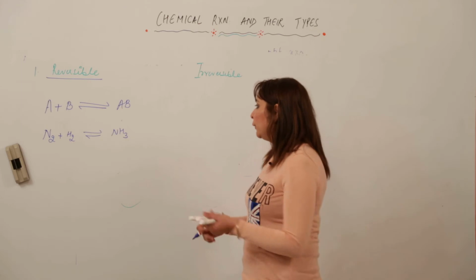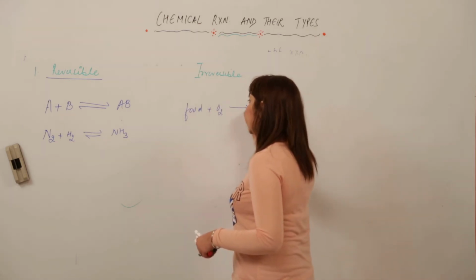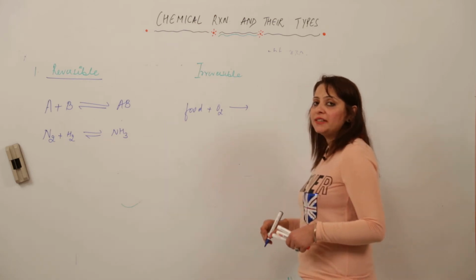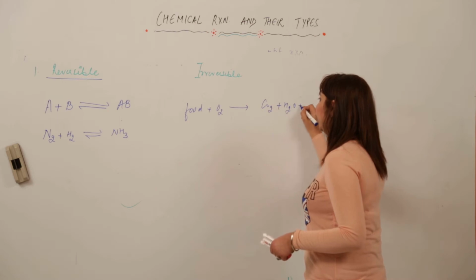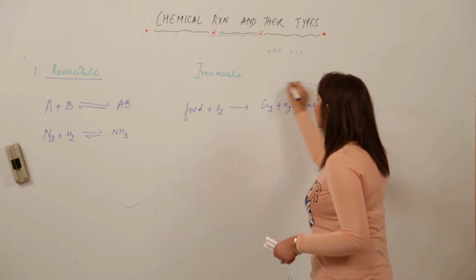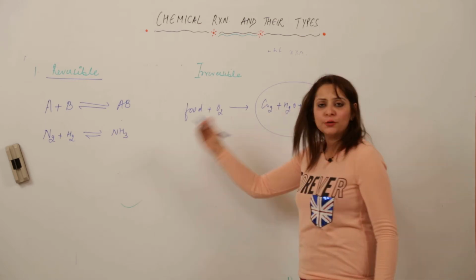For example, you are eating food and oxidizing the food. That means the food is breaking down in the presence of oxygen. What do we get? We get CO2, water vapor and energy. Can this CO2, water and energy unite back to form food?